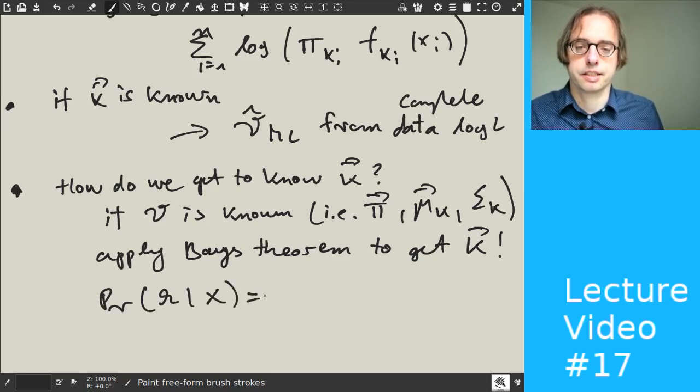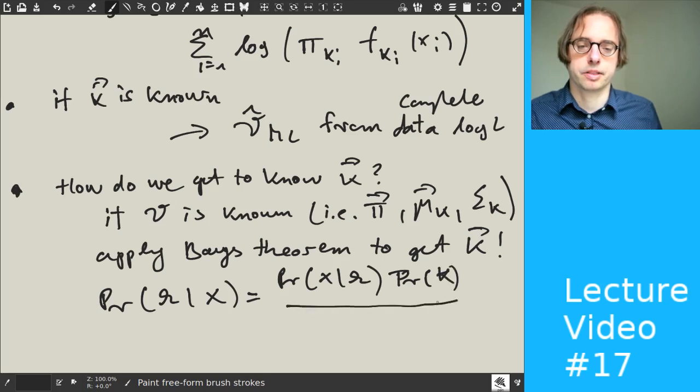And that is the probability of x given k times the probability of k divided by the probability of x.